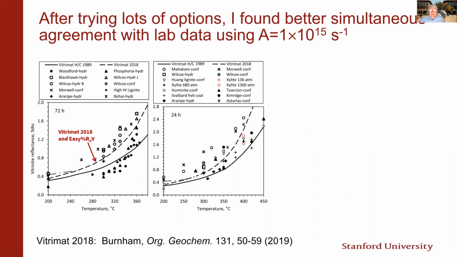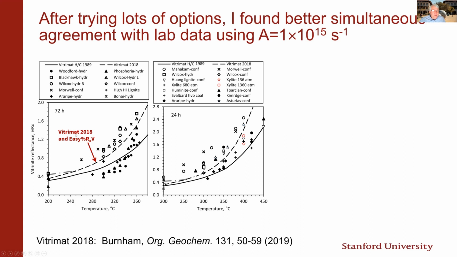So I tried lots of different options to get the agreement to be better. What I found was that a better simultaneous agreement of geological data with lab data uses a frequency factor of 1 times 10^15 reciprocal seconds. So now here is the calculation of a new version.